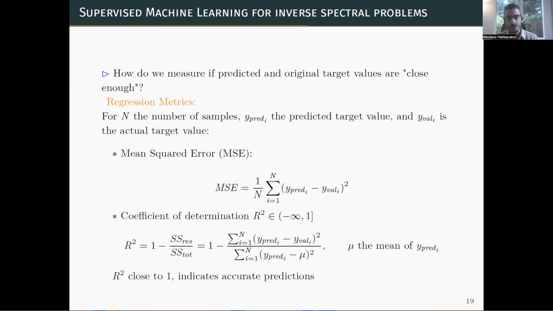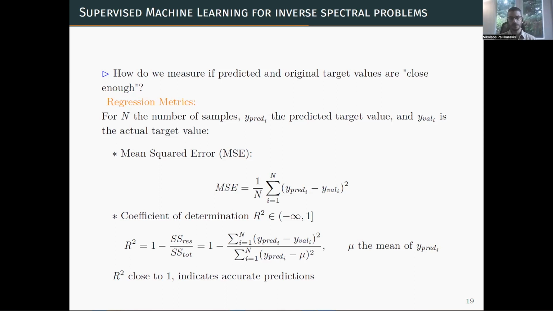But especially in machine learning, the most usual metric is the coefficient of determination, R squared, which is 1 minus the sum of squares of the residuals versus the total sum of squares of the target minus its mean value.